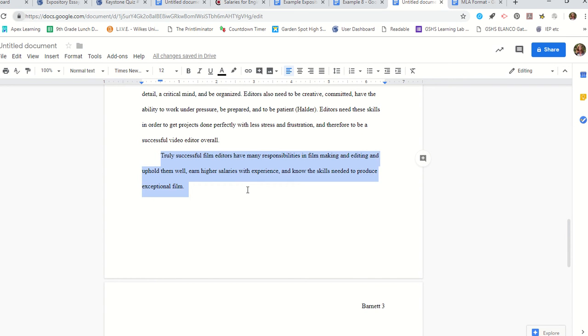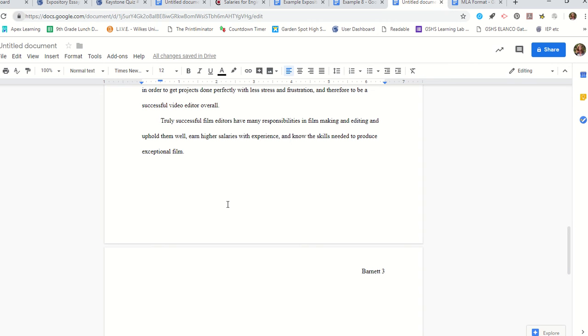So the purpose of my essay, I revisited that to remind the reader and to show them that I'm starting to conclude. So then the rest of my concluding paragraph is where I conclude about successful film editors and explain why it is important to know, why film editors are important, how they make a difference, what's worthwhile about them.